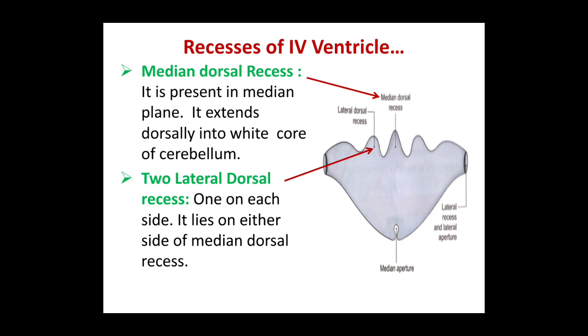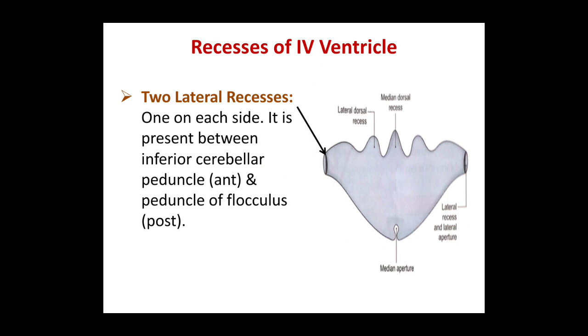There are two lateral dorsal recesses, one on each side, lying on either side of the median dorsal recess. There are two lateral recesses, one on each side, present between the inferior cerebellar peduncle anteriorly and the peduncle of the flocculus posteriorly.